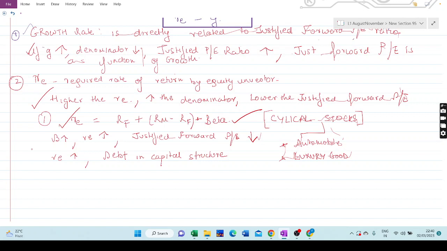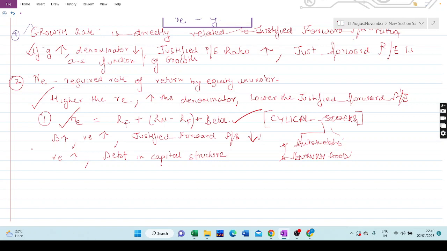See, if there's a lot of debt in the capital structure and the company goes into liquidation, the debt holders would be repaid before equity shareholders. And if the level of debt is high, then there are high chances that the equity shareholders would not be repaid, right? Because debt holders would be repaid before equity shareholders.